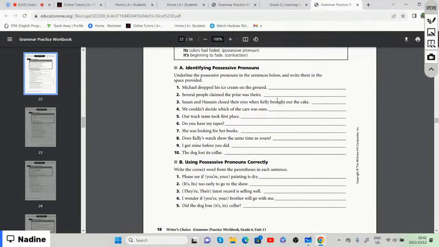We need to identify the possessive pronoun within that sentence. So, what is the possessive pronoun within that sentence?